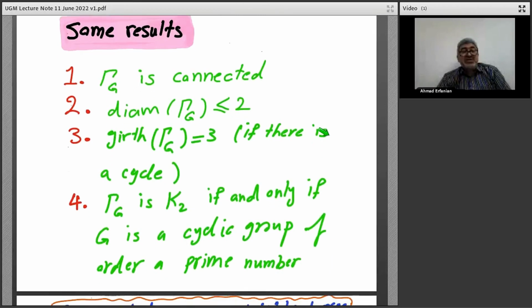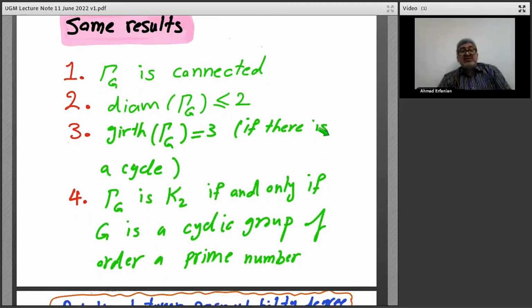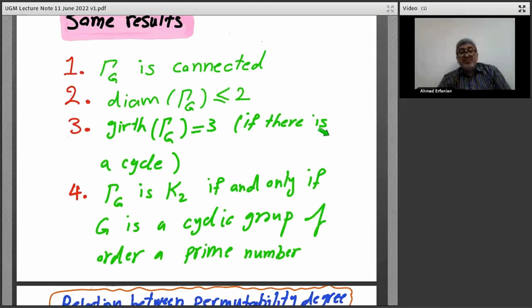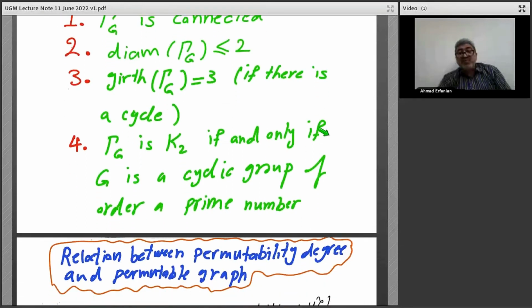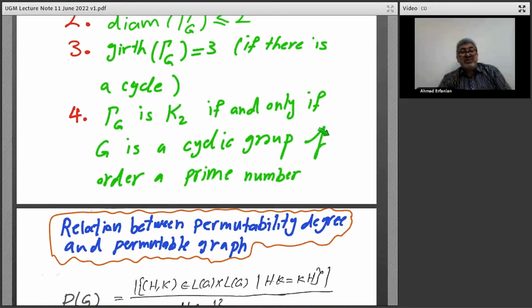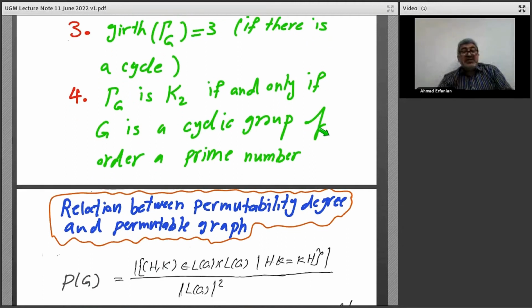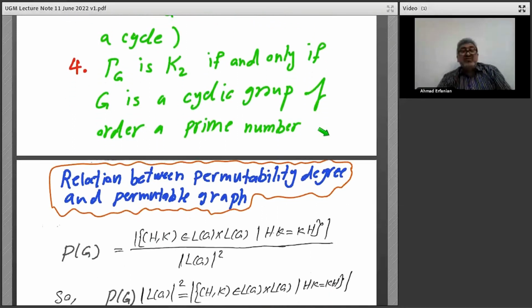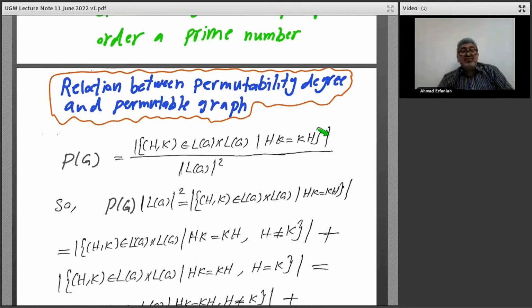This graph is always connected. The diameter is at most 2. The girth is 3, of course, if we have a cycle. And the graph is K2 if and only if G is a cyclic group of prime order.